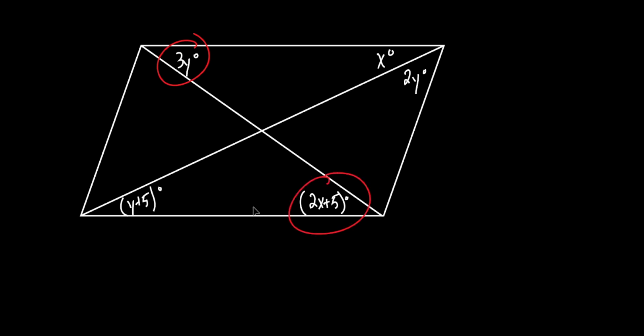You should see that they equal each other, don't they? So 2x plus 5 is equal to 3y, okay? What else? Y plus 5 is equal to x.